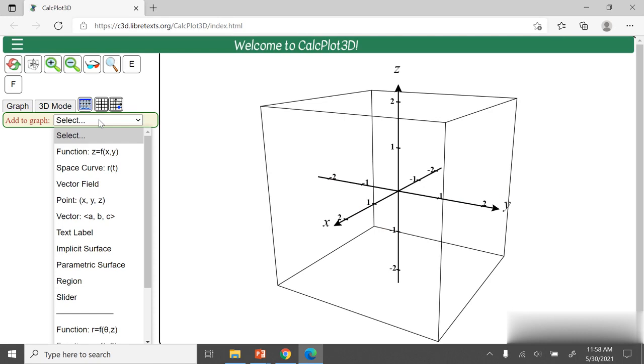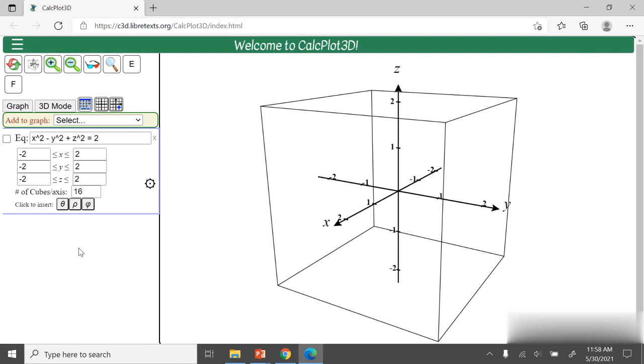And so if I want to graph, say, the cone that we just graphed by hand, since that equation was not solved for z, I go down and pick implicit surface. If it's solved for z, I just pick function. And then it filled something in for me, so I'm going to delete that.